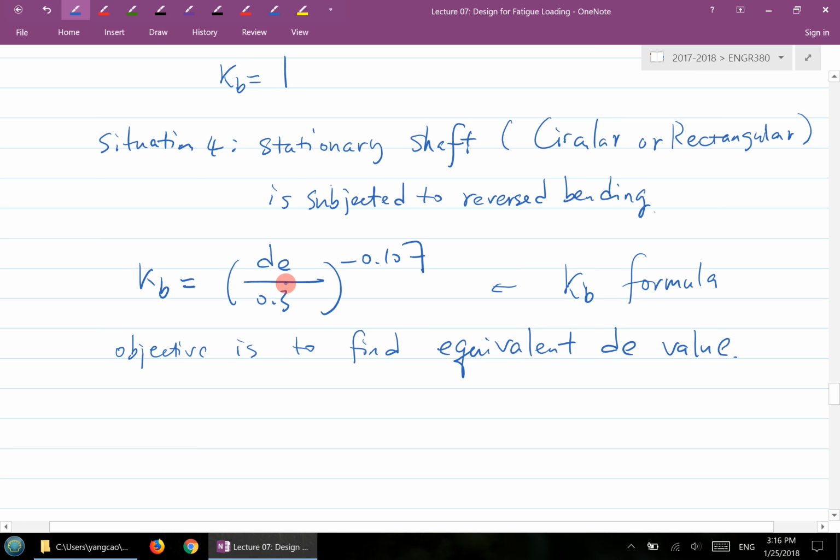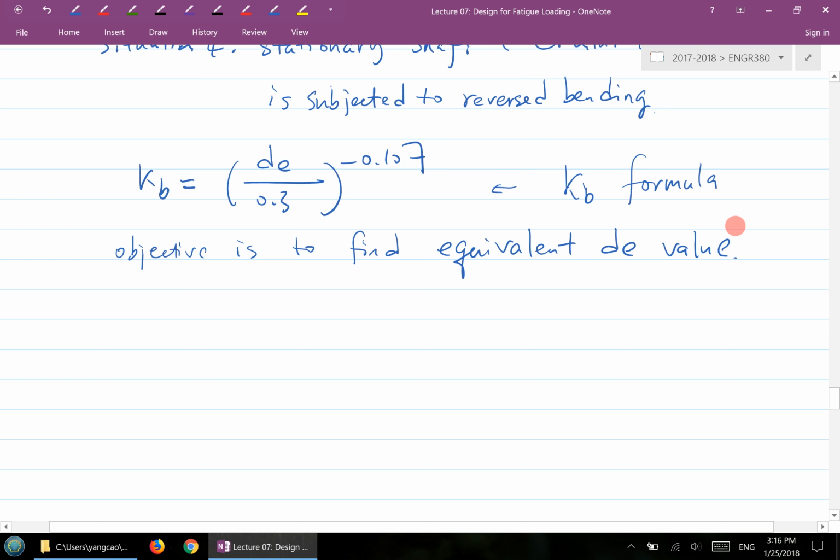How do we find the equivalent DE? This is the idea here. Let's say, for example, we have a circular cross section.